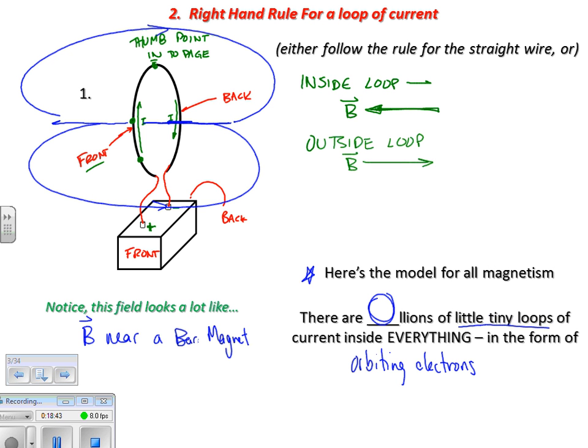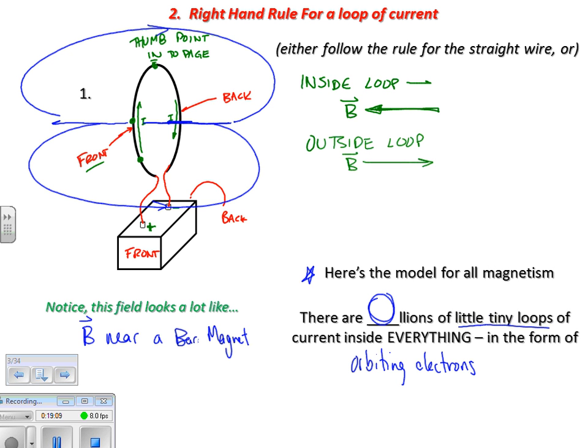So everything has bajillions of electrons that we can sort of model as moving in circular loops. All right? And circular loops of current create magnetic fields just like bar magnets do. So everything has moving charges in it, and moving charges make magnetic fields. So therefore, everything has sort of the potential to act like a magnet.